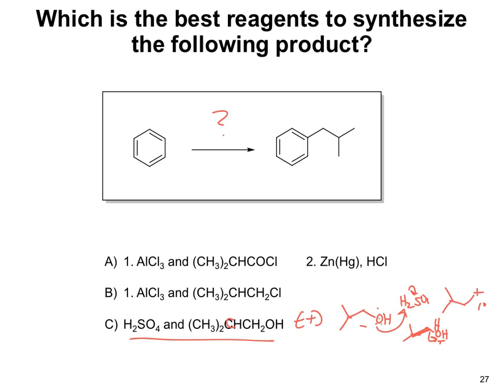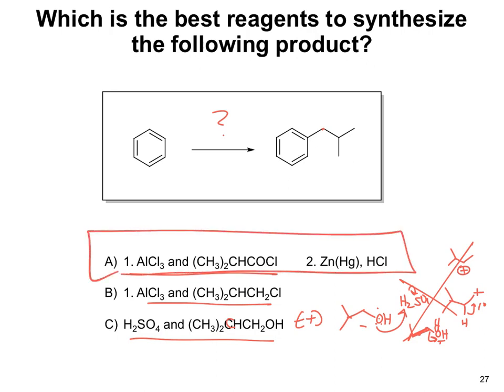And so the problem is this would rearrange to a secondary, could even rearrange to a tertiary. So that's not going to work because this is a primary. Same thing here. But these are reagents you need to know. So A is the answer.